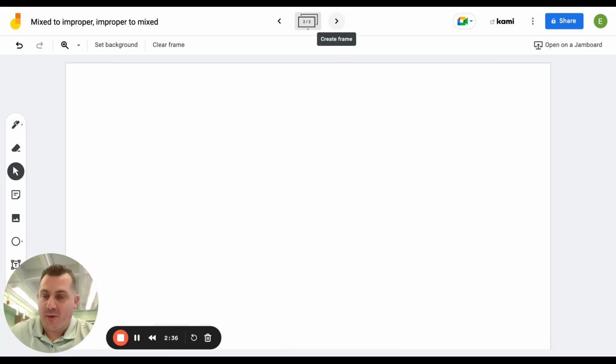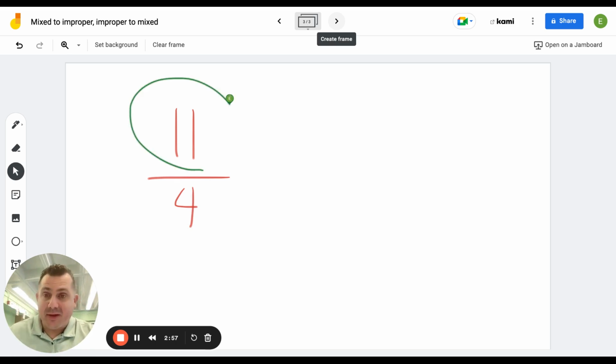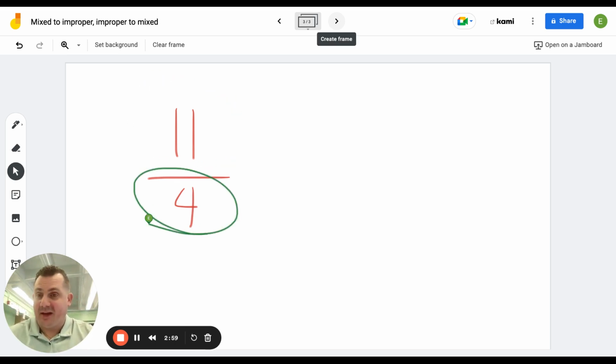All right. Let's try another one. Let's say I have the improper fraction of 11/4. I know 11/4 is an improper fraction because my numerator is greater than my denominator.